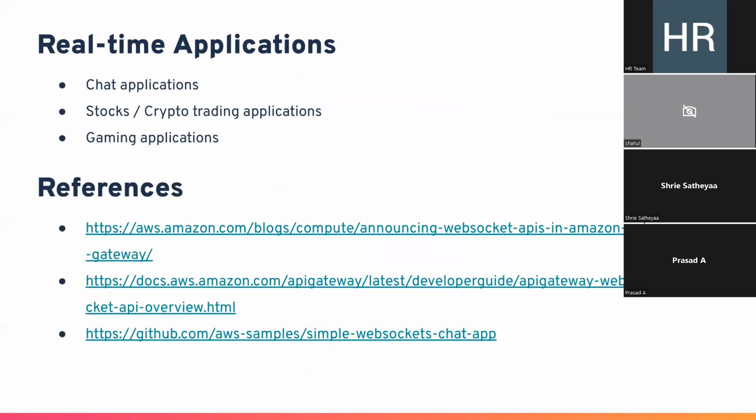So the real-time applications of the WebSocket API gateway can be chat applications, stocks and crypto trading applications, and gaming applications, which will need real-time information with low latency, which I mean applications which need not wait much longer to receive the actual data.